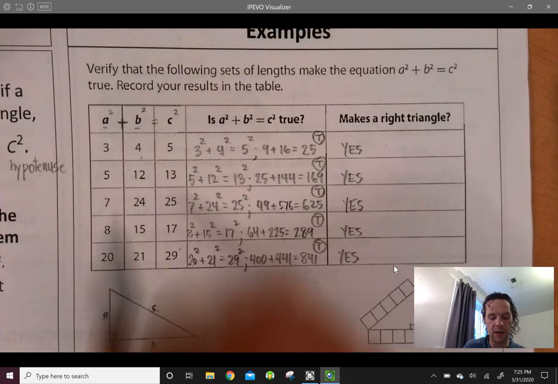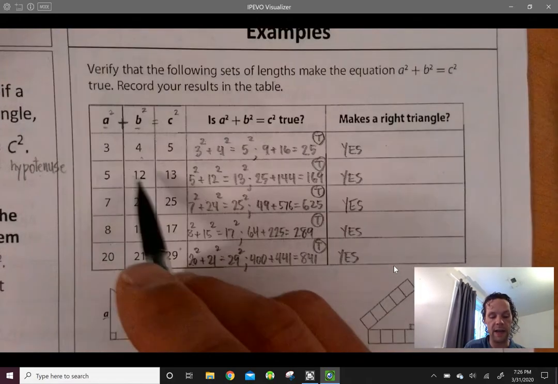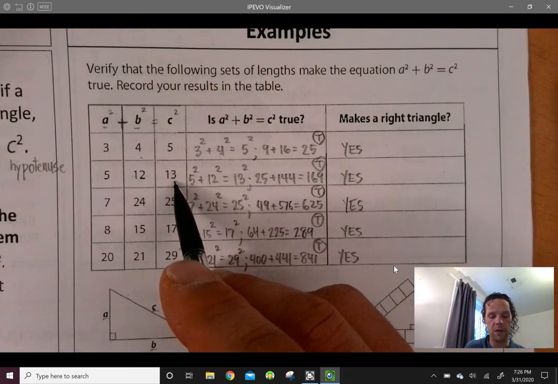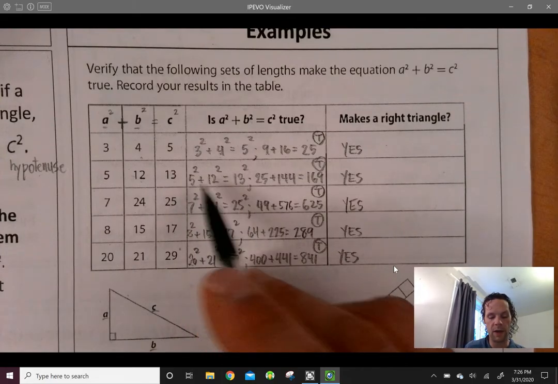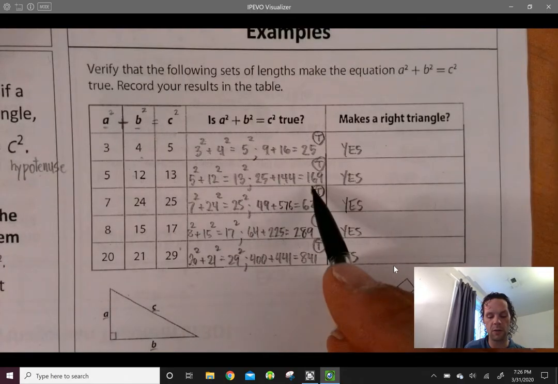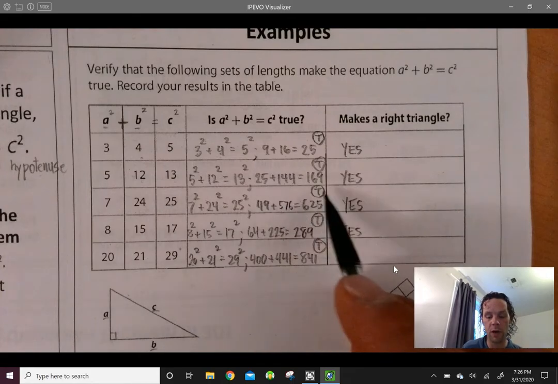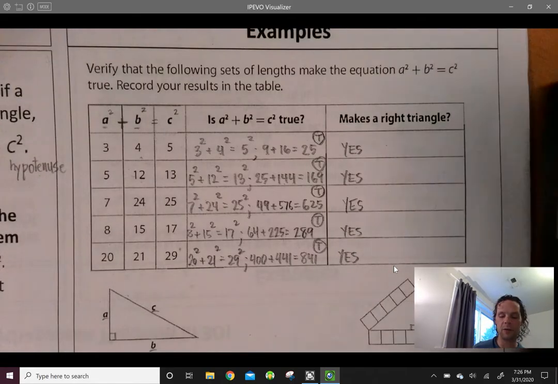And we're doing the same thing with all the values in this table. If the triangle has legs of 5 and 12 and a hypotenuse of 13, well then it is a right triangle because 5 squared is 25 and 12 squared is 144 and 13 squared is 169. And if I combine 25 and 144, I get 169. So yes, this is again a right triangle.